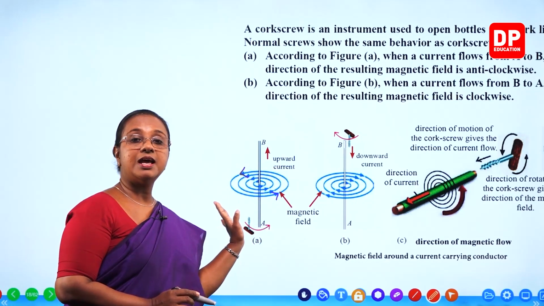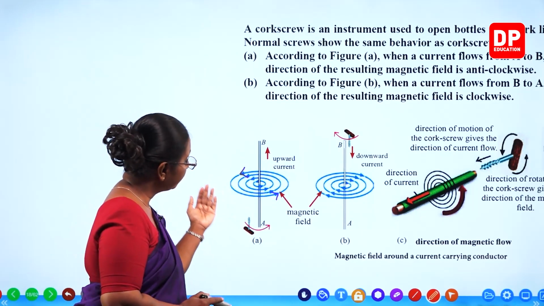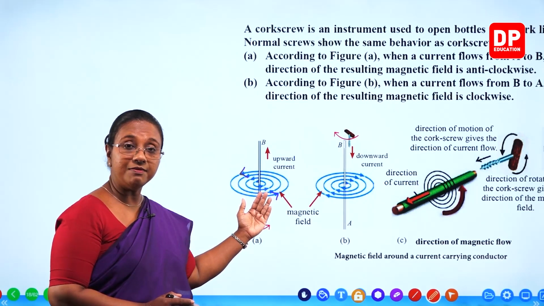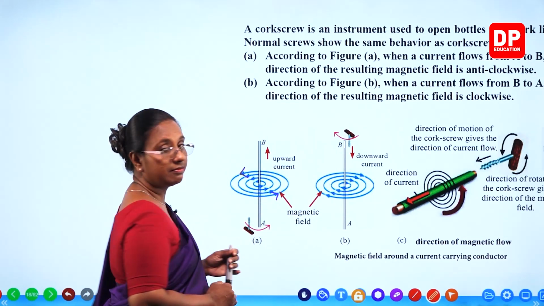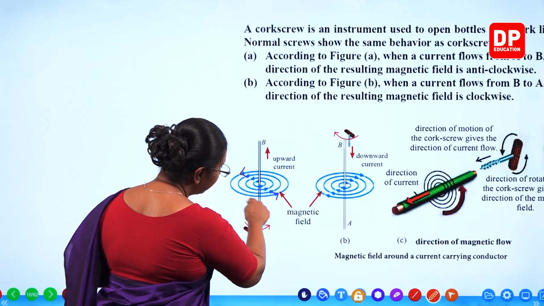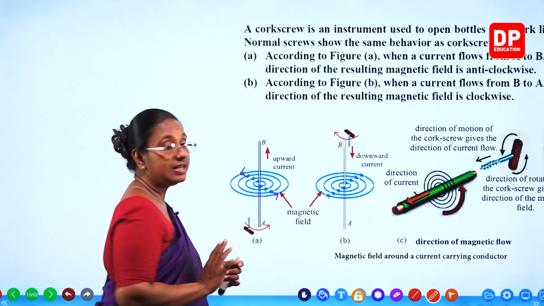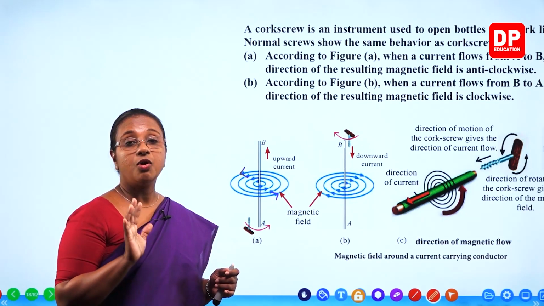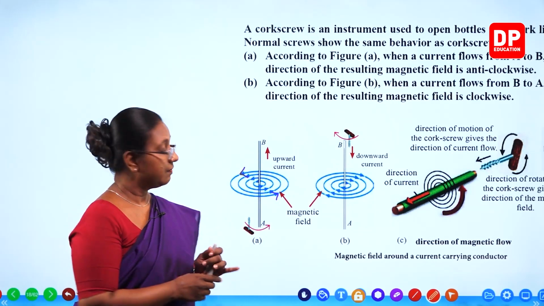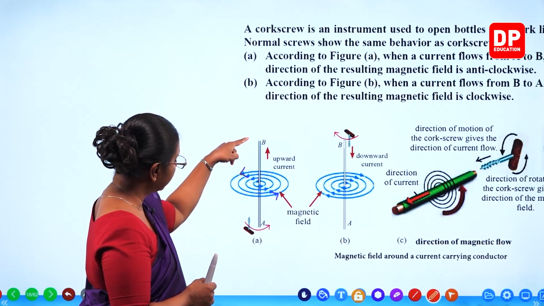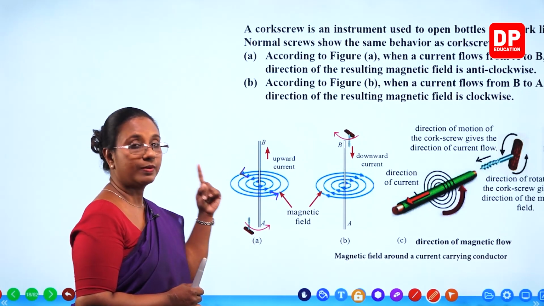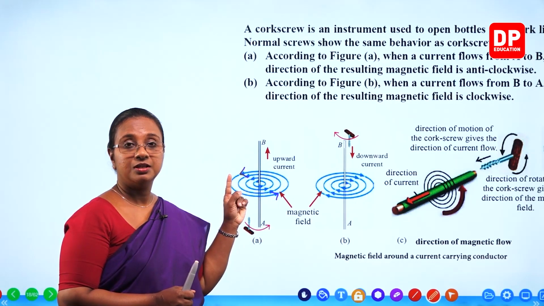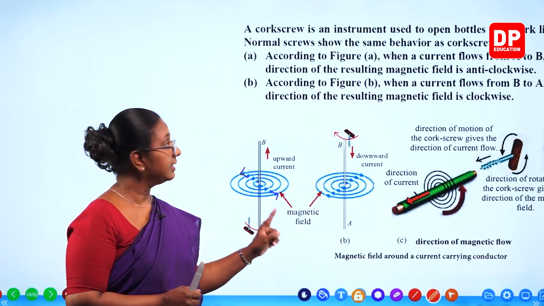That is the direction of the magnetic field. But when I brought the compass above, what did you all see? The deflection was towards the right side. Now can you see the lines here? So that is the Maxwell corkscrew rule. When the current is flowing from A to B, the rotation is in the anti-clockwise direction. So that is the magnetic field.